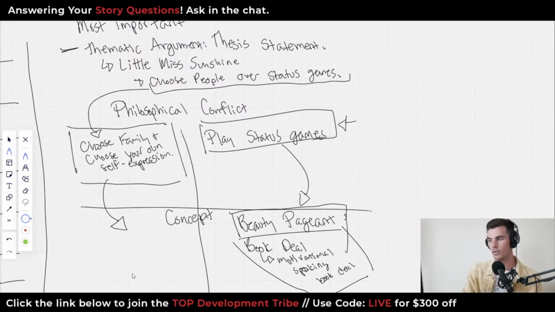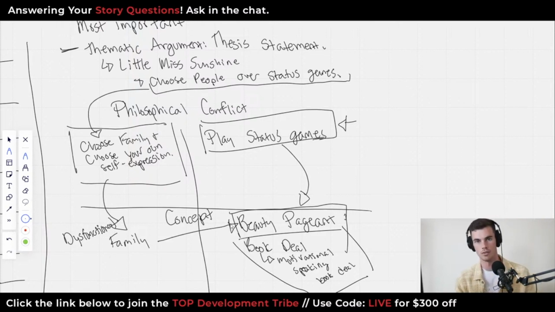And now we have the other side of the concept, which is the family, the dysfunctional family. A dysfunctional family on a mission to get to the beauty pageant, right? And so now the family becomes the externalization of the family side.